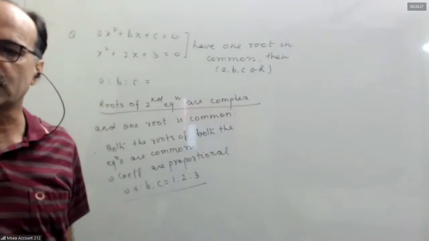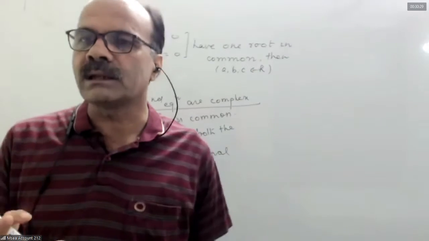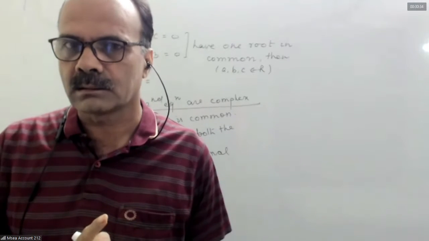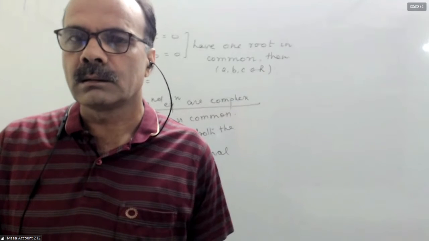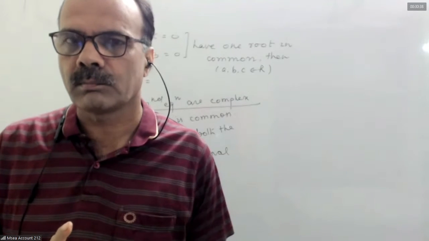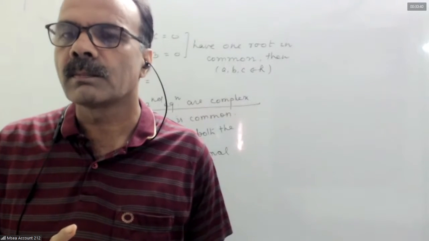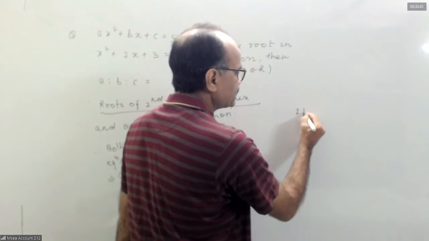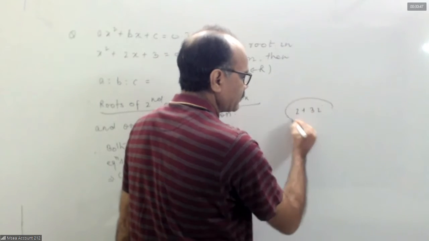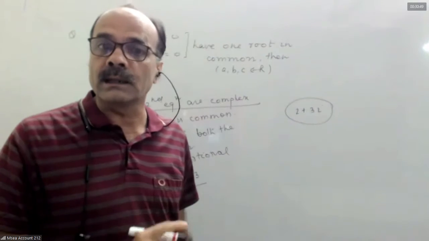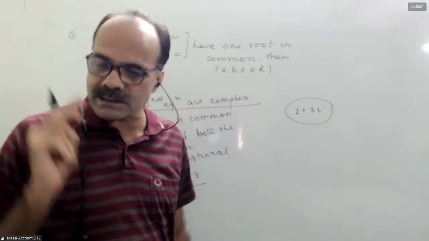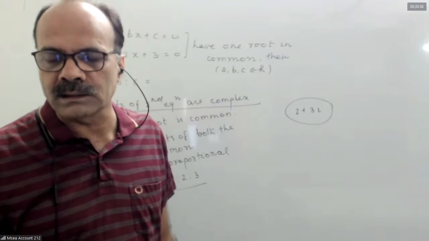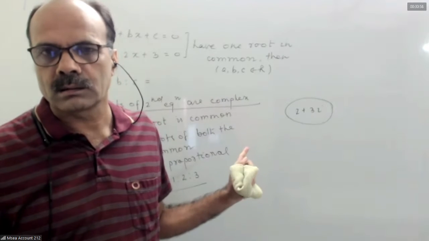I told you yesterday that if coefficients are real and roots are complex, then they exist in conjugate form. What I said yesterday: if 2 plus 3i is a root of a quadratic equation, then the other root has to be 2 minus 3i, if coefficients are real.